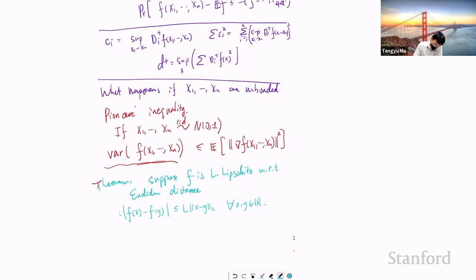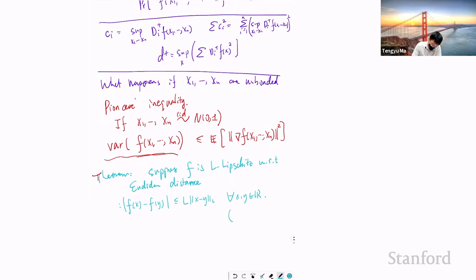In some sense, this is saying that the gradient of f(x) is uniformly bounded by L, right?